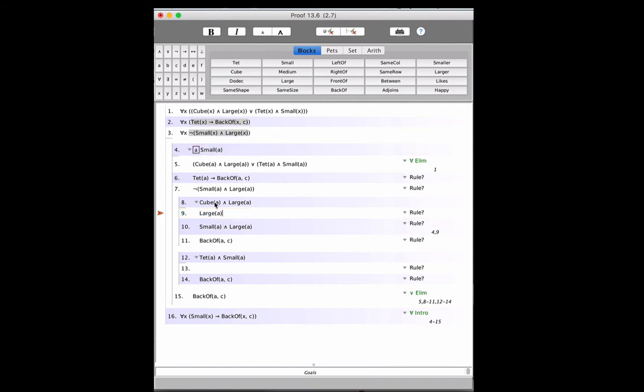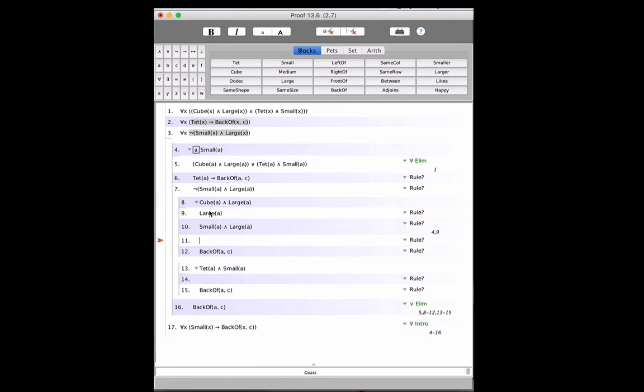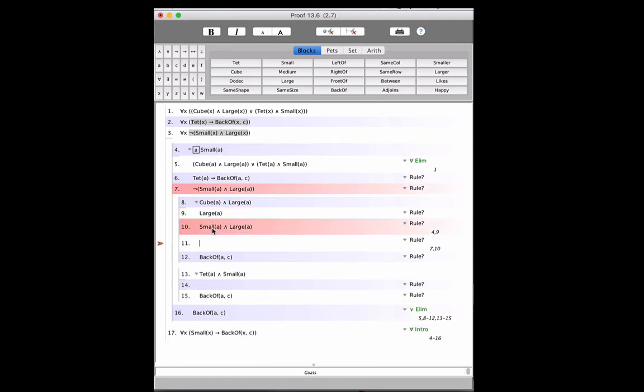And sorry, before you can do that though, you have to dismantle large A from the conjunction at 8. Now you're in a position to assert the contradiction. And from a contradiction, anything follows. So you assert A is in back of C.